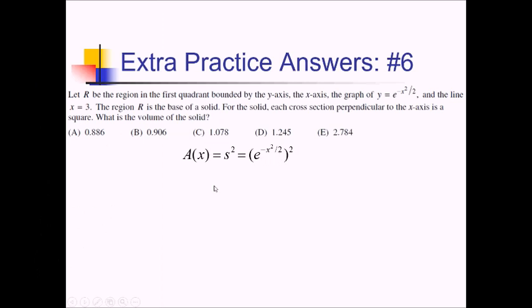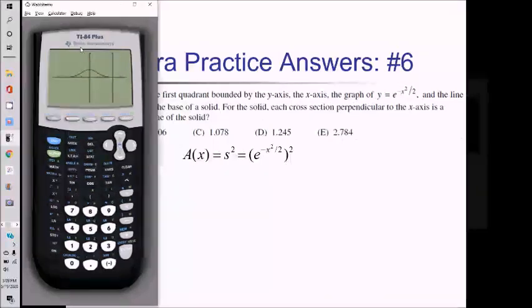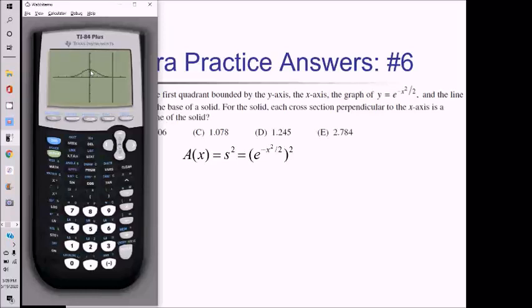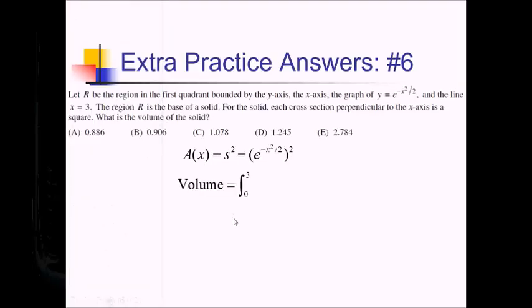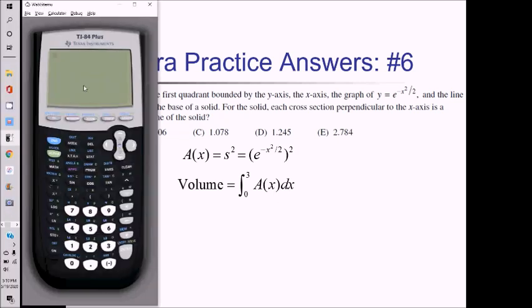And now my volume, I'm going to have the integral from, let's see here, we were going from the y-axis to x equals 3. So that's going to be from 0 to 3. So integral from 0 to 3 of this A of x dx that I just wrote. Let me do the rest on the calculator now. So it's time for an integral. Let me do math 9. I'm going from 0 to 3.